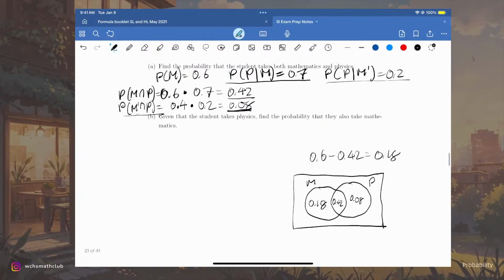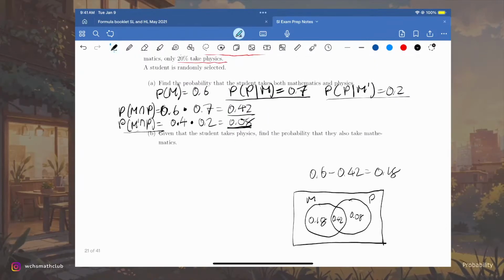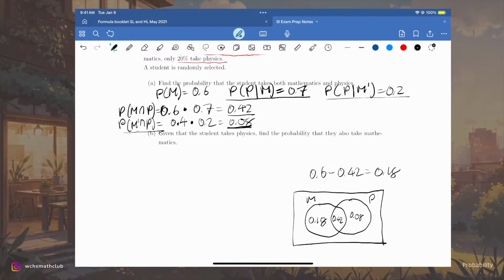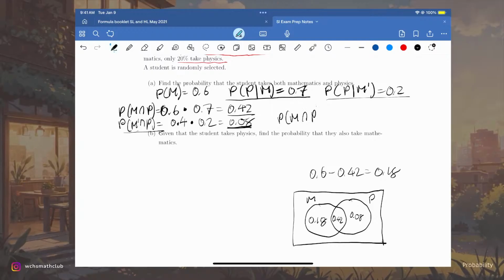And now find the probability that a student takes both math and physics. Well, we've already done that. P of math intersect physics is just 0.42, which is the correct answer.